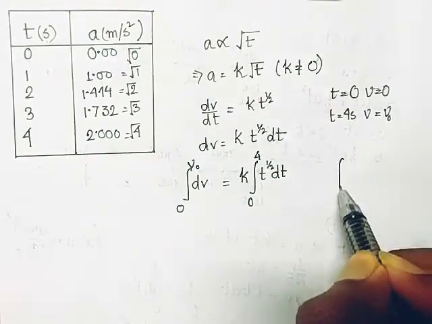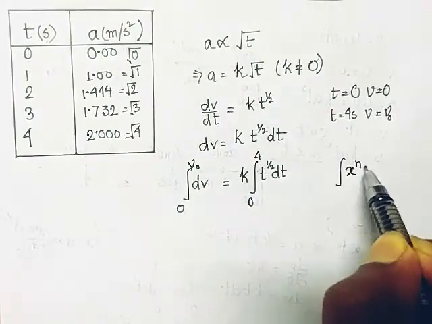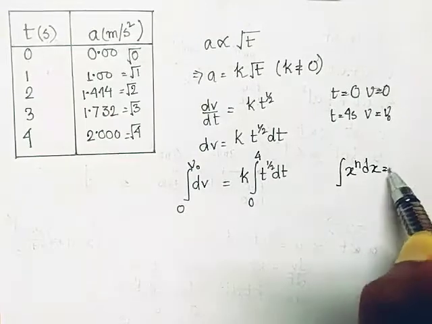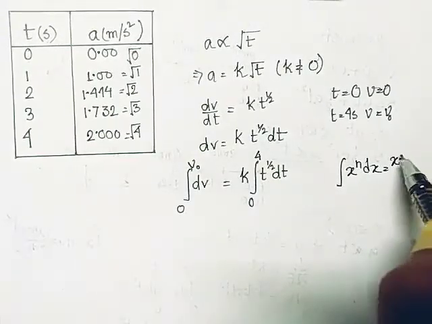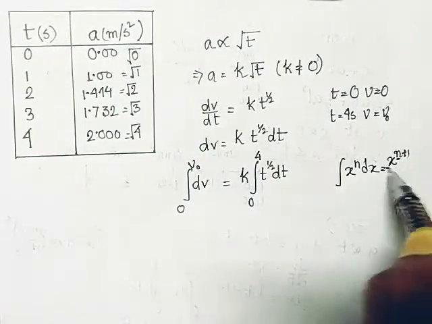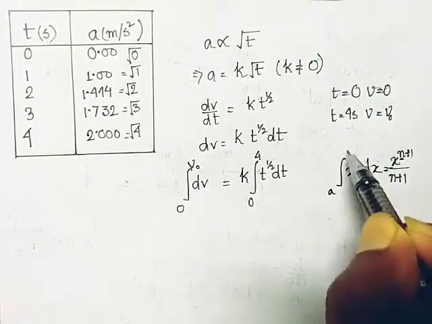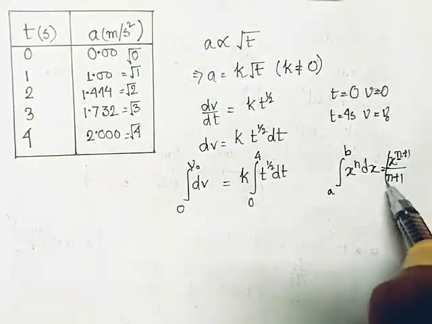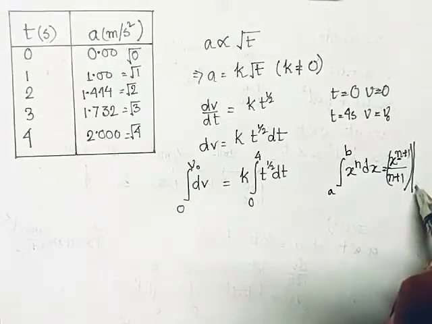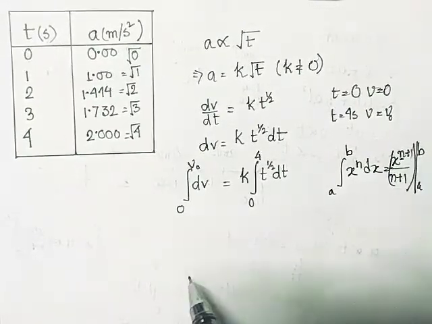Here we have used the integration formula x to the power n plus 1 divided by n plus 1. If the limits are a and b, then obviously the limits are a and b.